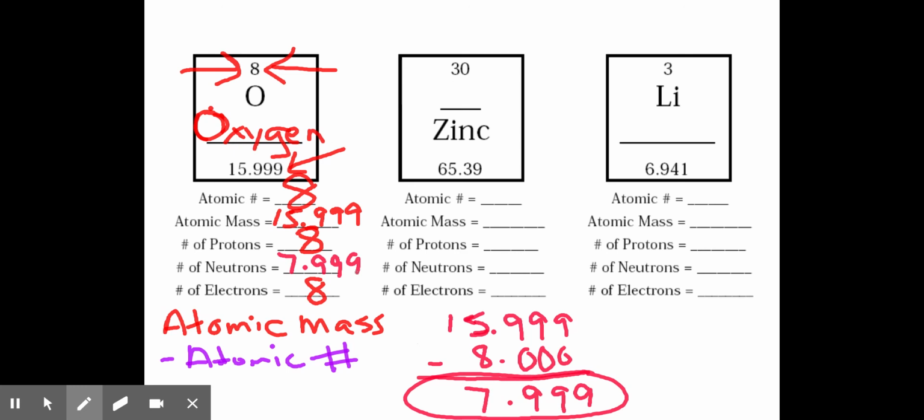So you can't have 0.999 neutrons. Okay, you can have 15.999 as its mass because that's how much matter's inside of it, and that's equivalent to its weight, but you can't have 0.999 neutrons. So you can round this up, but for this assignment, and since this is the first time you've done that, I would leave it alone. Don't do anything with it. Just write it as is.